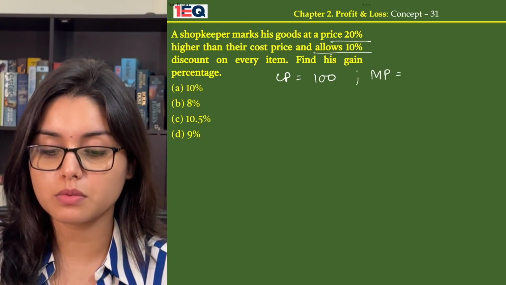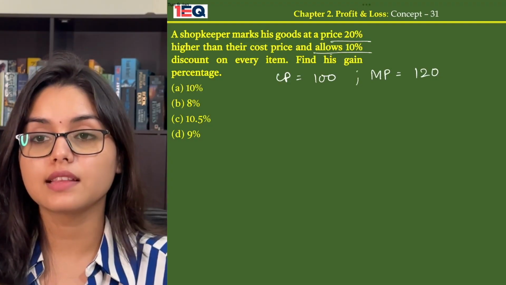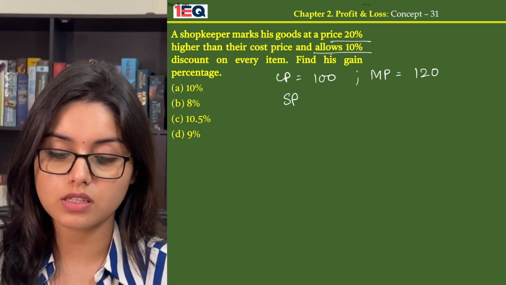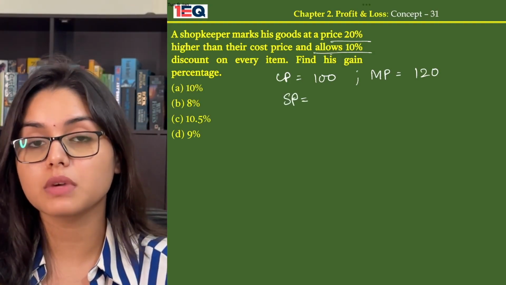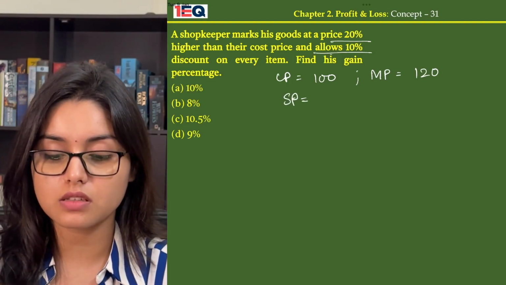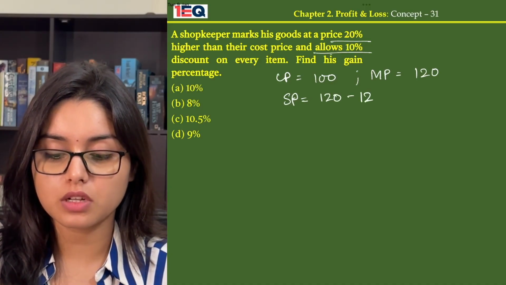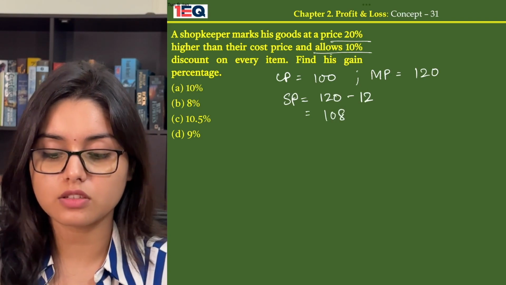That is, mark price will be 120. And then he allows a 10% discount. So after a 10% discount, the selling price will be 120 minus 10% of 120, that is 120 minus 12, which will give us rupees 108.